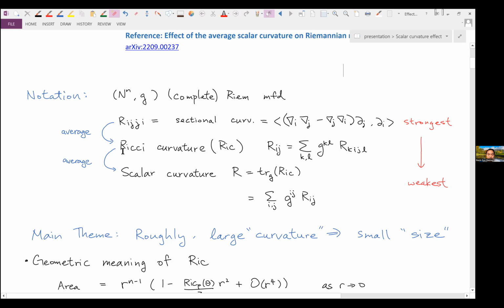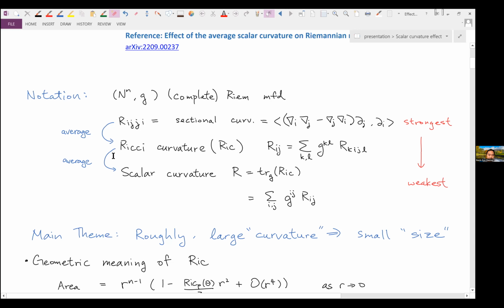And if you take another average, over all directions, then you get the scalar curvature. In the manifold setting, it's just a function on the manifold. This is exactly taking the trace of the Ricci tensor, or in other words, just taking this combination g^{ij} times R_ij.